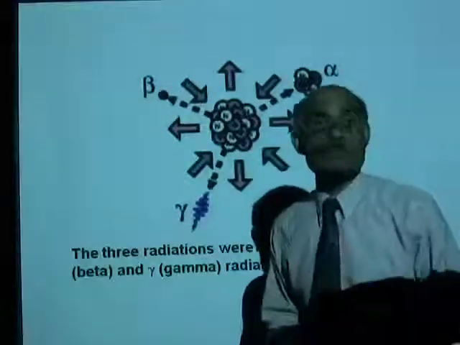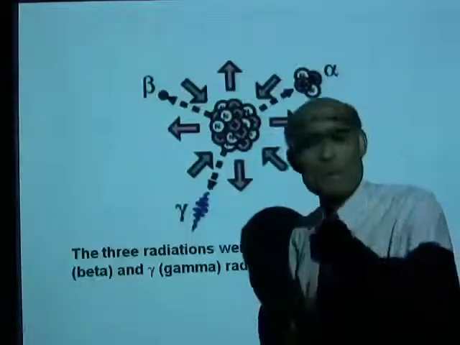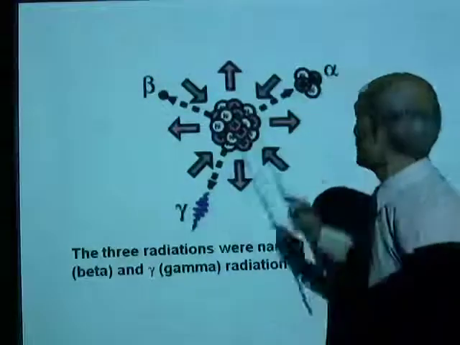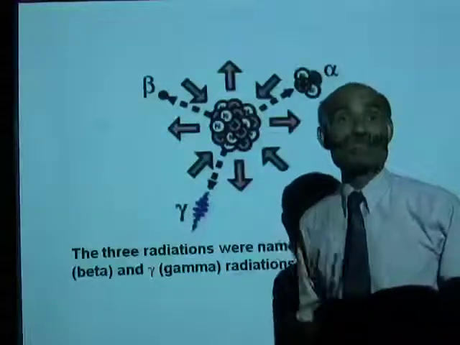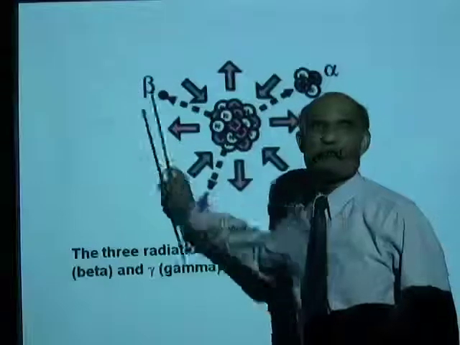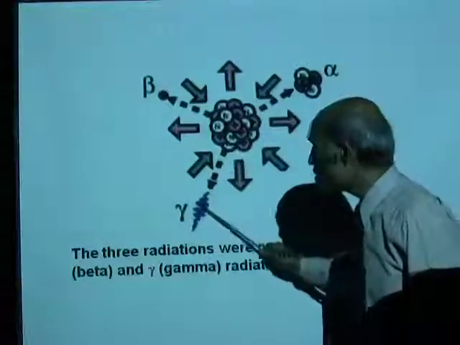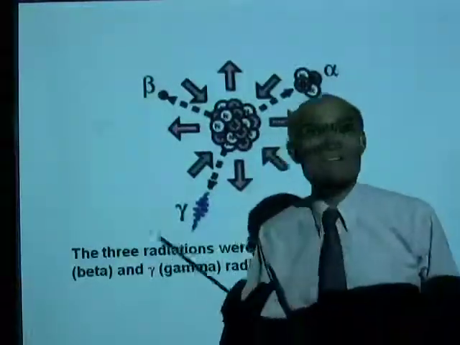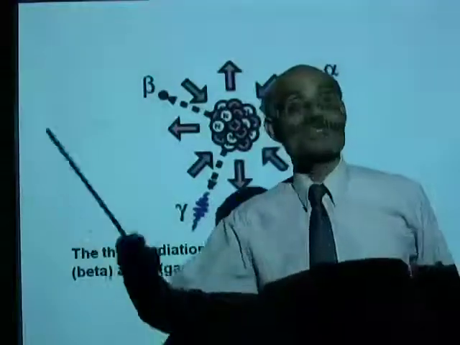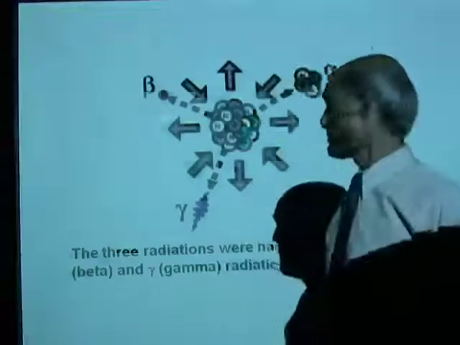They are actually part of the nucleus. Part of the nucleus breaks and gets thrown out. And there is a net positive charge. Beta radiations are very light particles. And gamma radiations are simply packets of very high energy photons, which are gamma rays. All right.